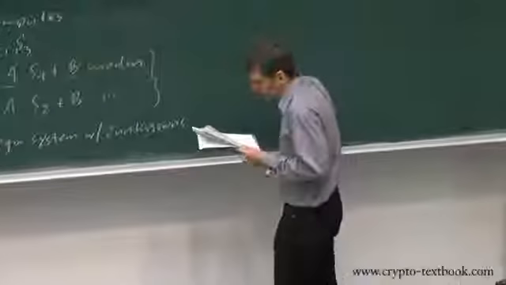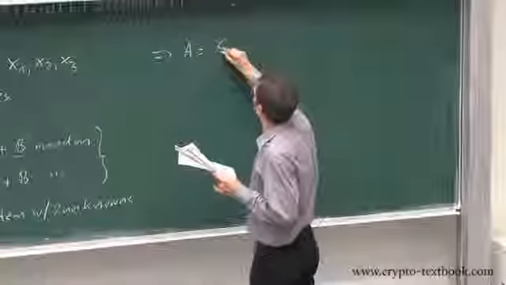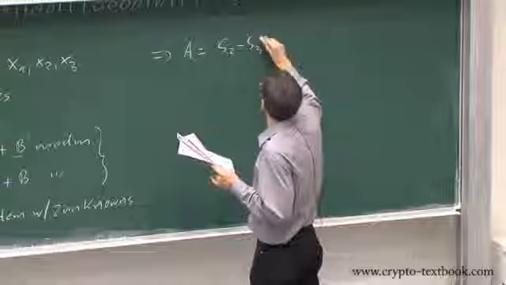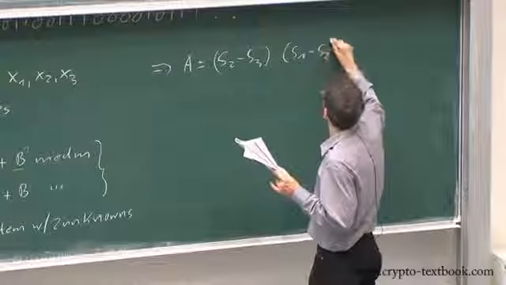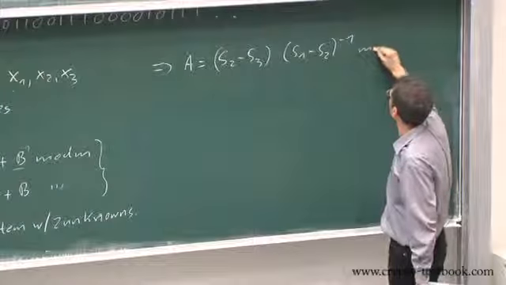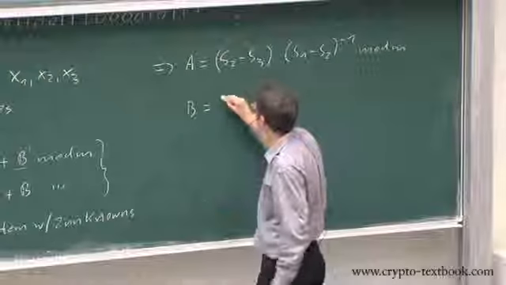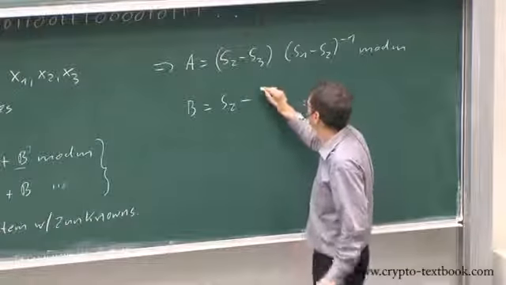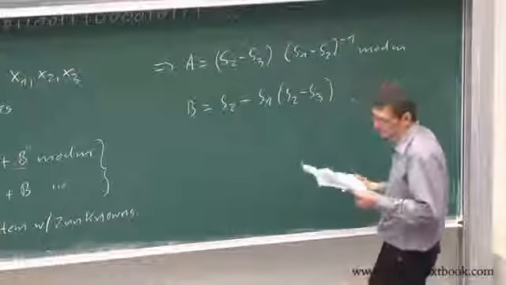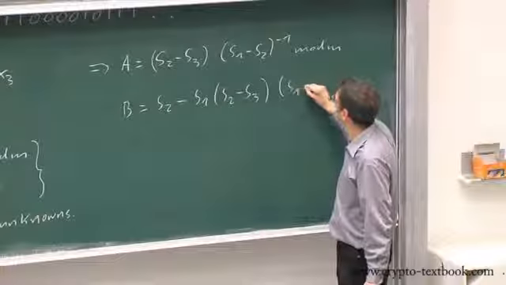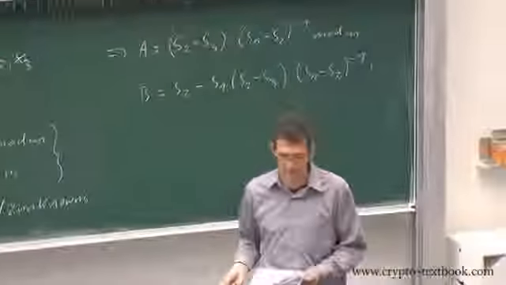So I give you the solution. A is (S2 minus S3) times the inverse of (S1 minus S2) mod M, and B is (S2 minus S1 times (S2 minus S3)) again times the inverse of (S1 minus S2) mod M. It's really easy to break.